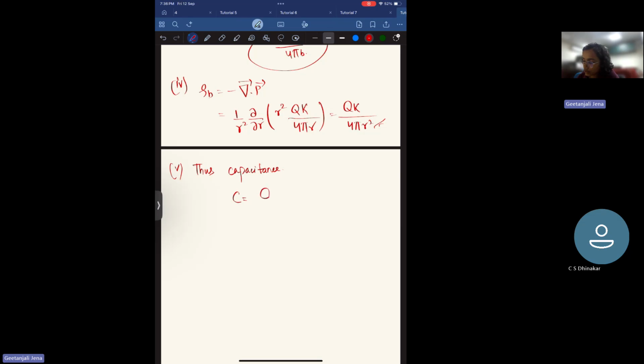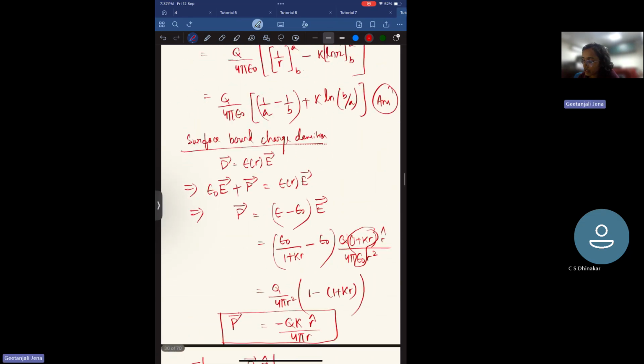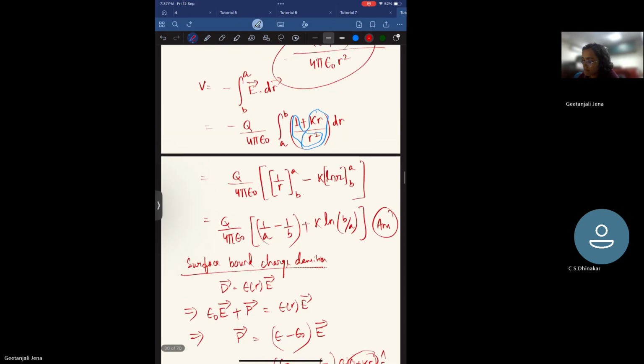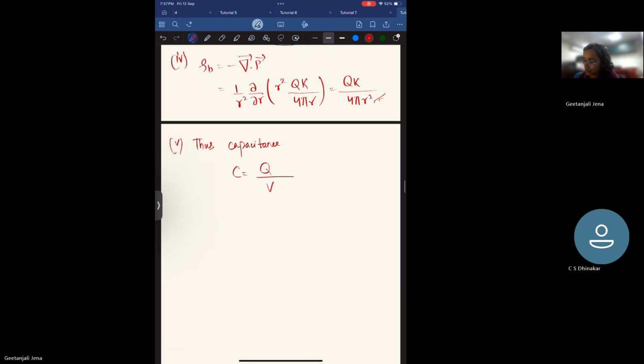C is Q by V. V we have already calculated, this one. So this should be 4 pi epsilon naught AB K ln B by A.